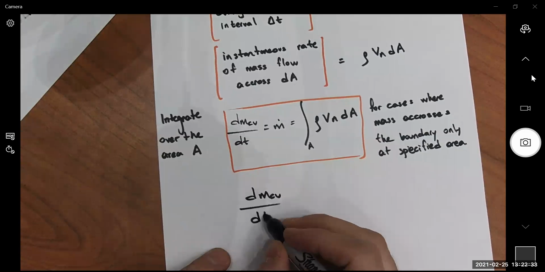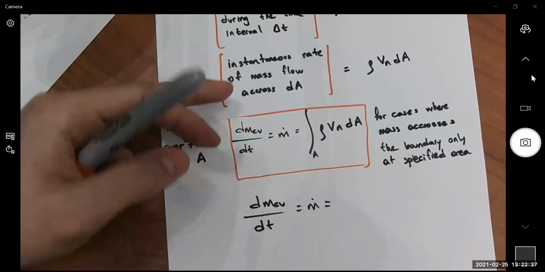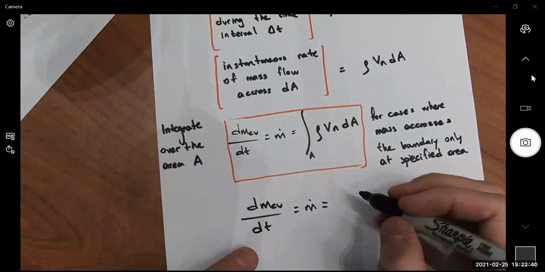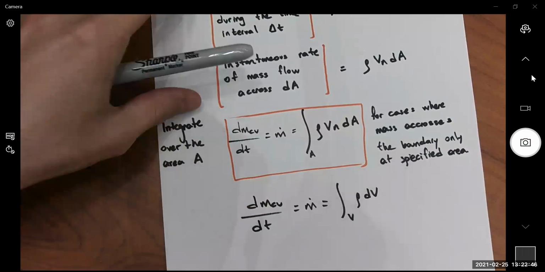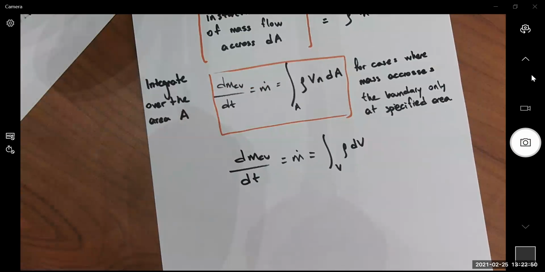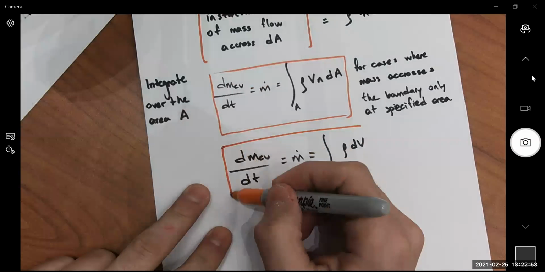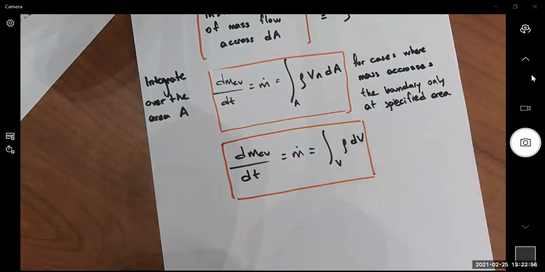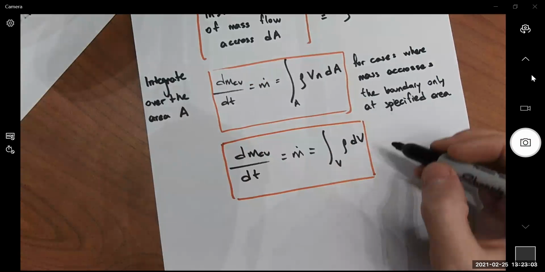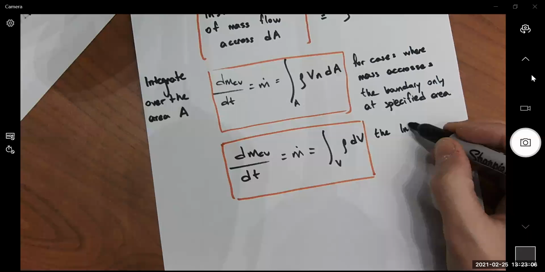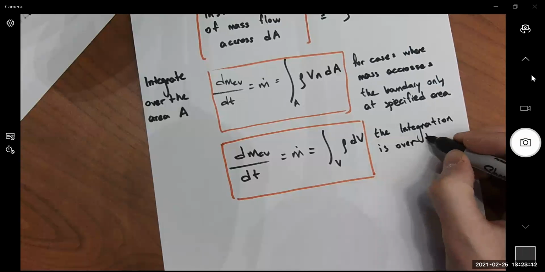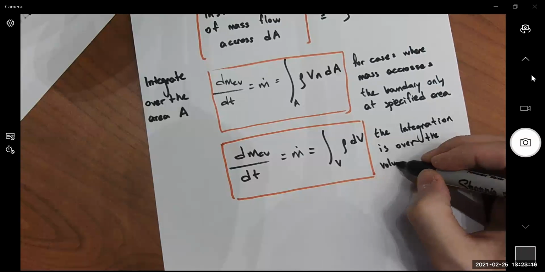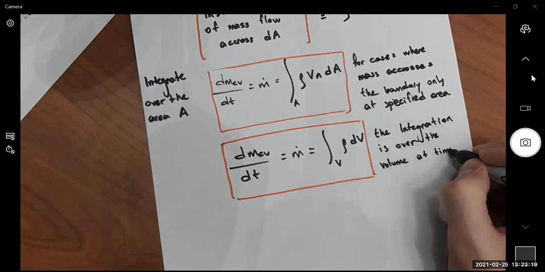dm control volume over dt, if we take the integration over volume for dV, the integration is over the volume at time t.